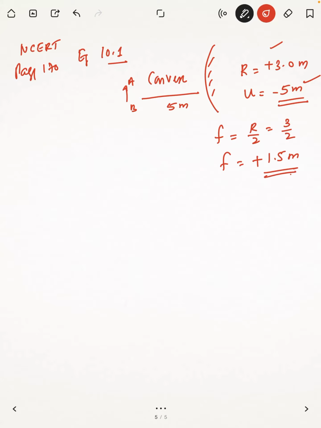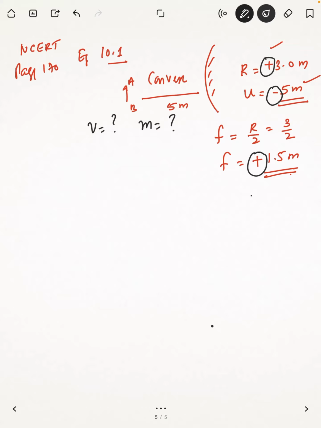Why do we write positive sign? This is because it is convex. Convex mirror focal length is positive and radius of curvature also positive and object distance is negative. And what we want to find out? We have to find out where will be the image and what will be its magnification, about the size.